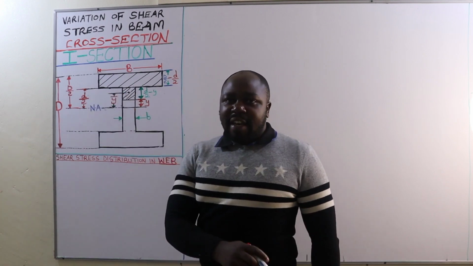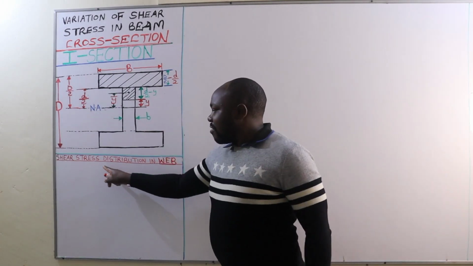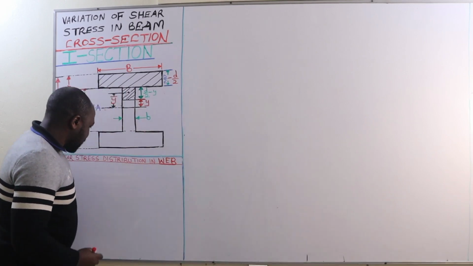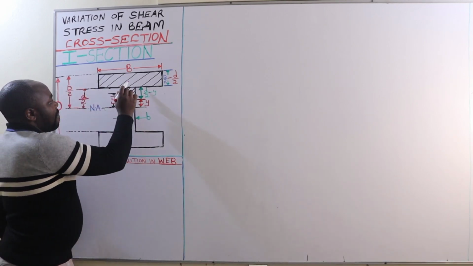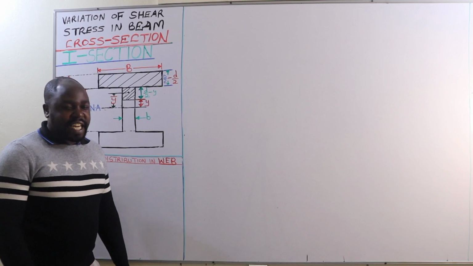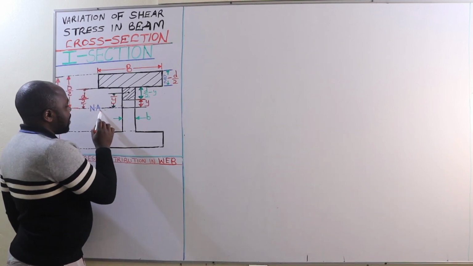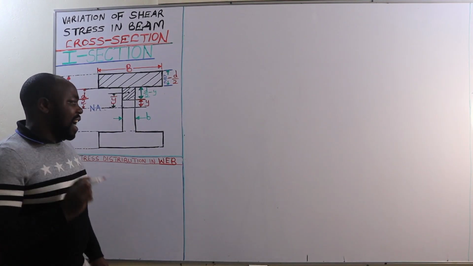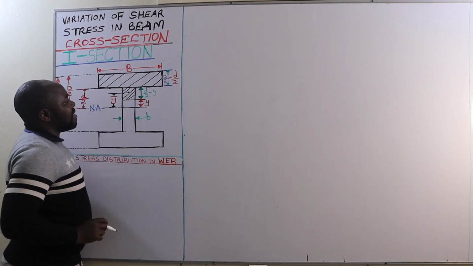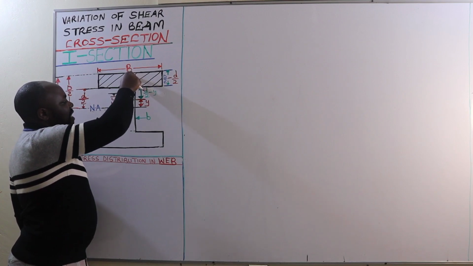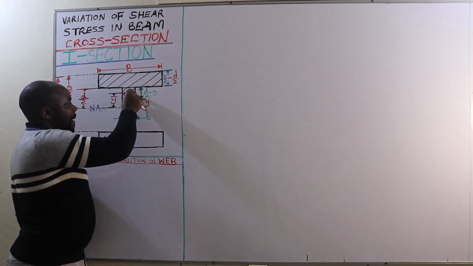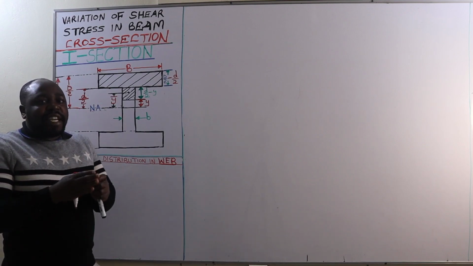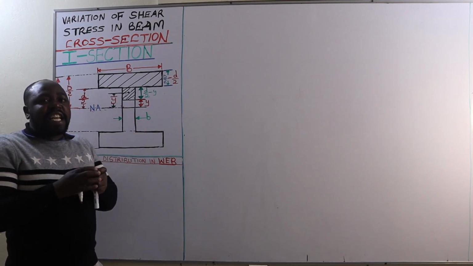Now, for us to get the shear stress distribution in the web, we are going to add the moment of the flange area about the neutral axis plus the moment of the shaded web area about the neutral axis, because the flange is lying above the web, and therefore it is going to subject the web to a shearing stress.